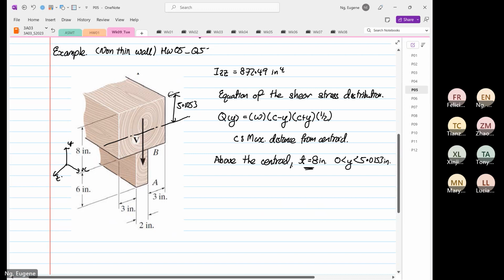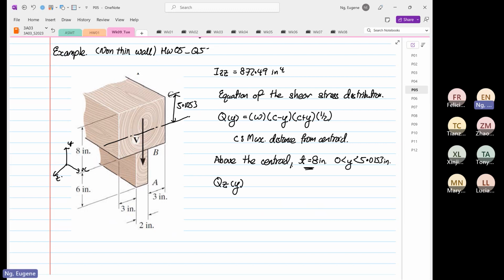So when we write out Q, the first moment of area about the z-axis as a function of y, the width is what?